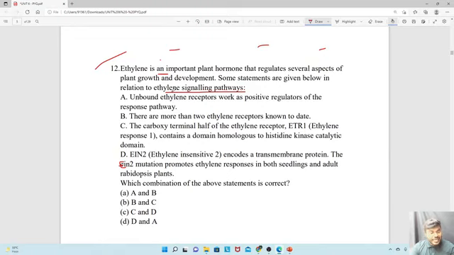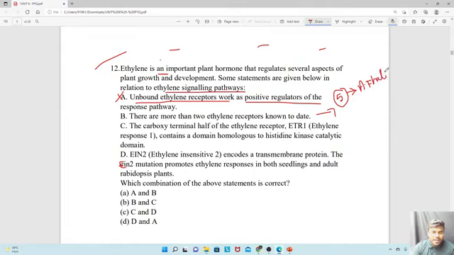Every one of you please kindly look into option A. Option A says that unbound ethylene receptor works as a positive regulator. How is that possible? Without the presence of ethylene, how can the plant show a positive response? Option A is an absolutely wrong option. I have told you very clearly, more than 5 ethylene receptors were identified in Arabidopsis thaliana.